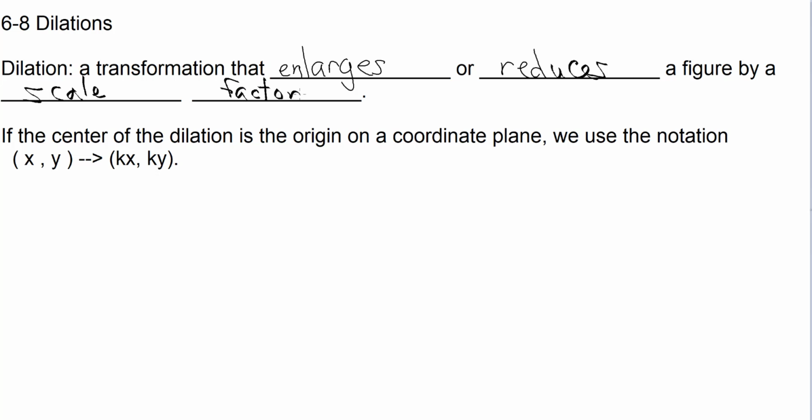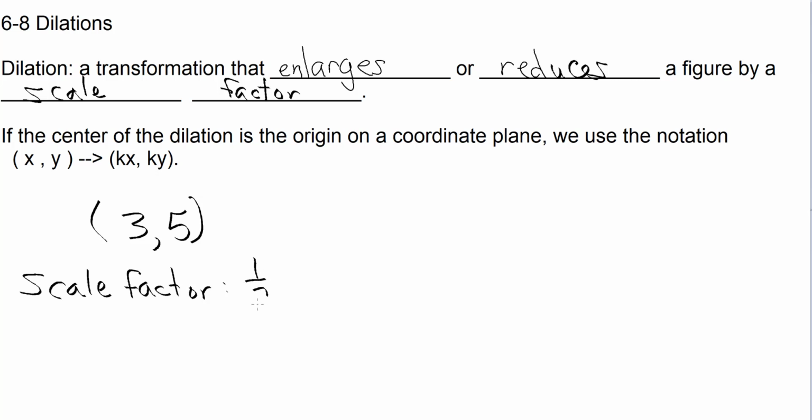And then if the center of the dilation is the origin on a coordinate plane, we use the notation (x, y) becomes (kx, ky). So for instance, if you had a point on a coordinate plane and it was (3, 5), and the scale factor, let's say we had a scale factor of 1/2.